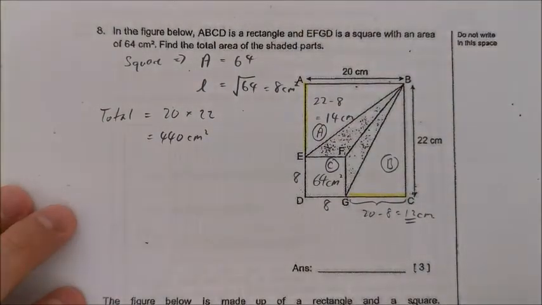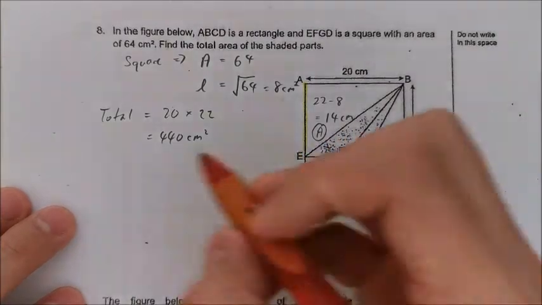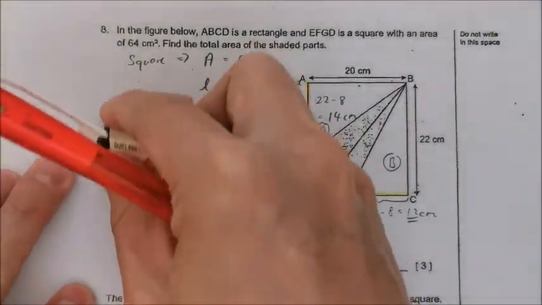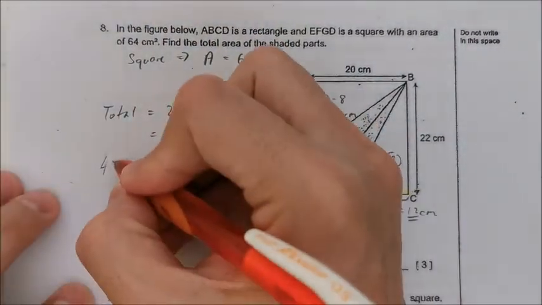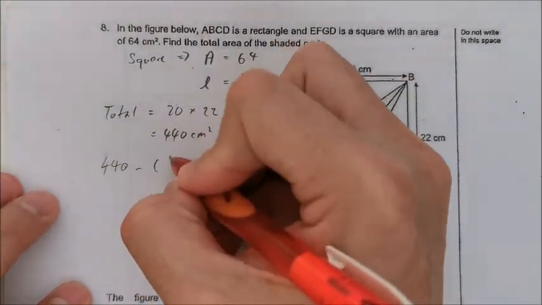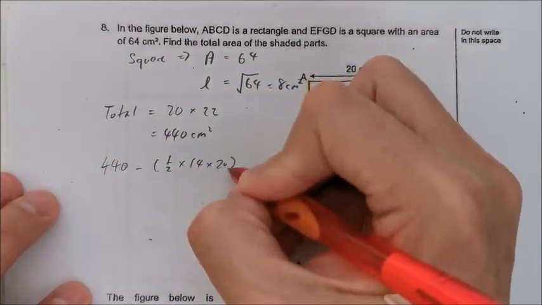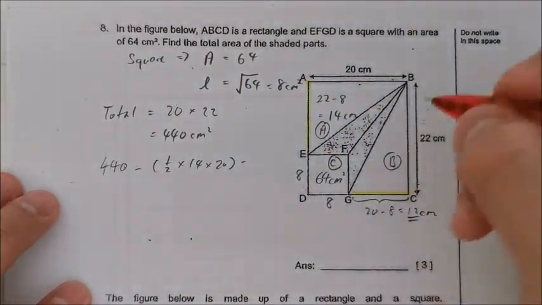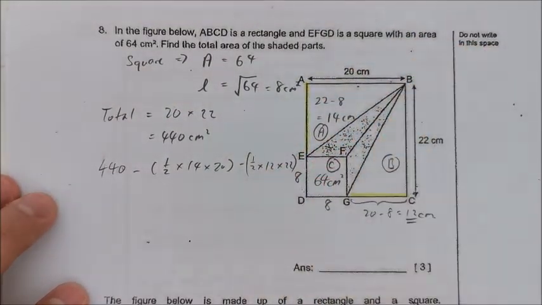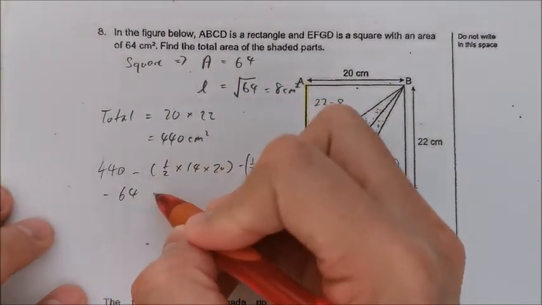Then after that, I need to minus off the area of A, area of B, area of C. So it's very straightforward. 440 take away A. How to take away A? Half times 14 times 20. Take away B. B will be half times 12 times 22. Then now I need to take away C as well. C will be minus another 64.